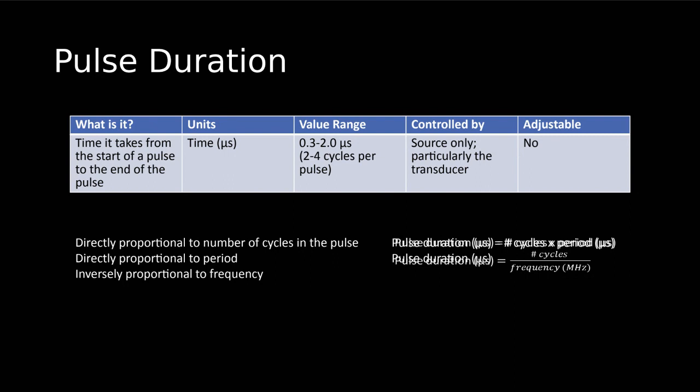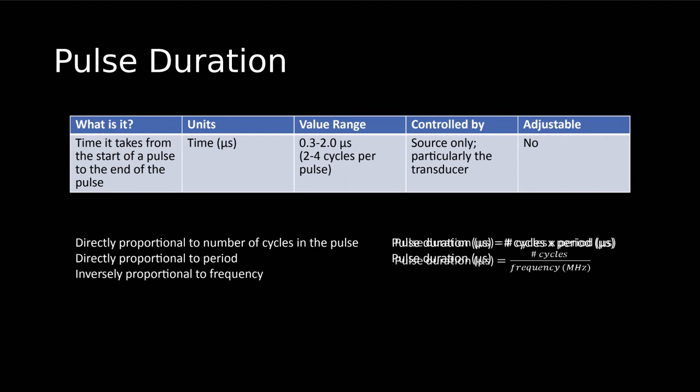Now, depending on what type of transducer we're using or how far into the body we're looking, we are going to tell the system to send in more or less pulses. So don't get confused with that. We will get to that in a second. Pulse duration is just the time from the start of that collection of cycles to the end of that collection of cycles.